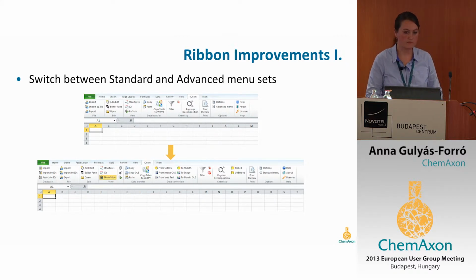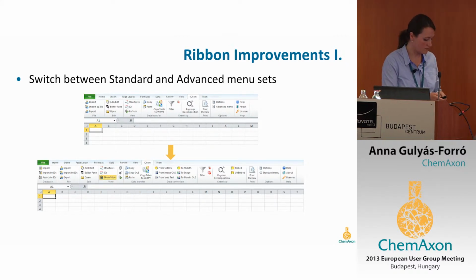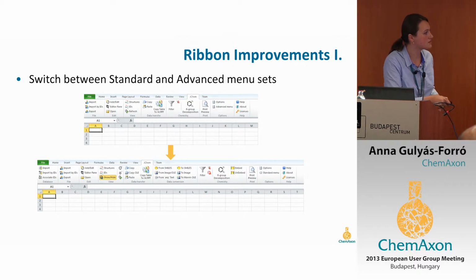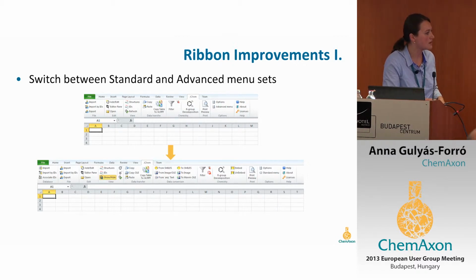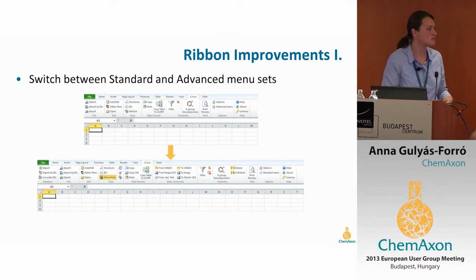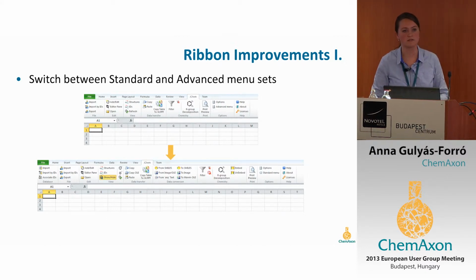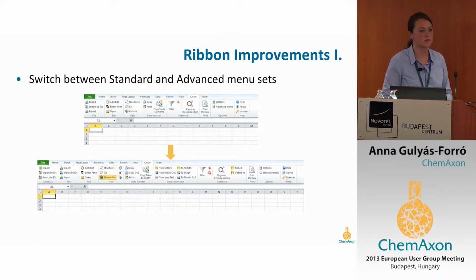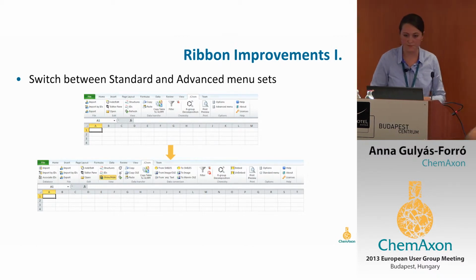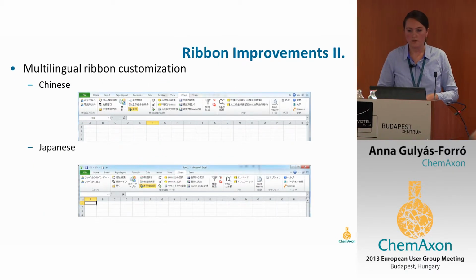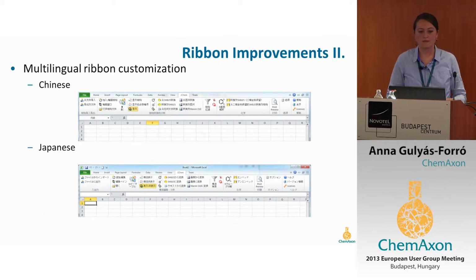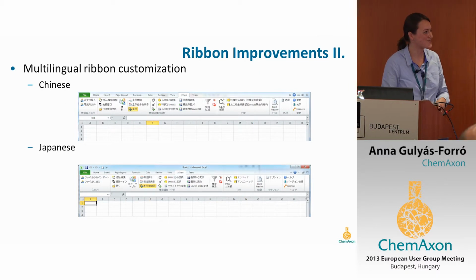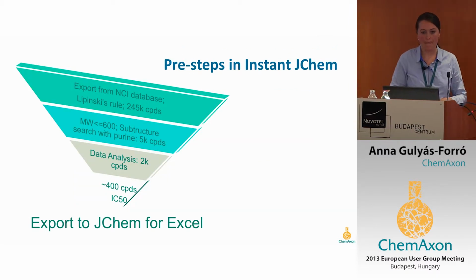You can see this is the standard version, and the other is the advanced, for those users who want a bit more customized version, and it's very easy to switch between the two ribbon sets only by pressing a button. We have some multilingual customization. We created a Chinese and a Japanese ribbon menu set for our users.